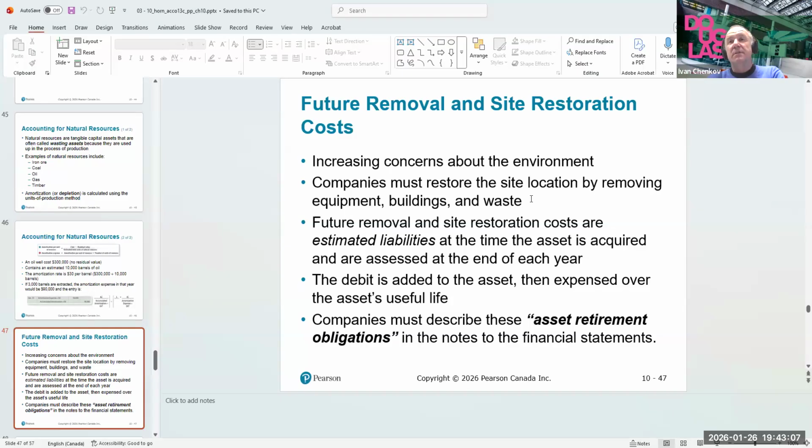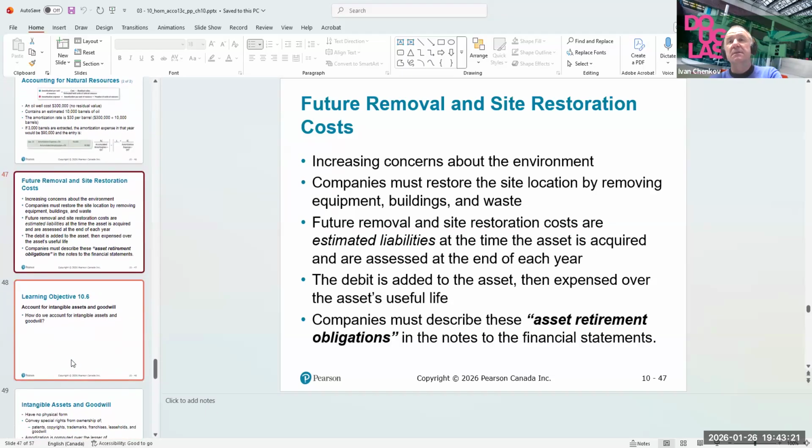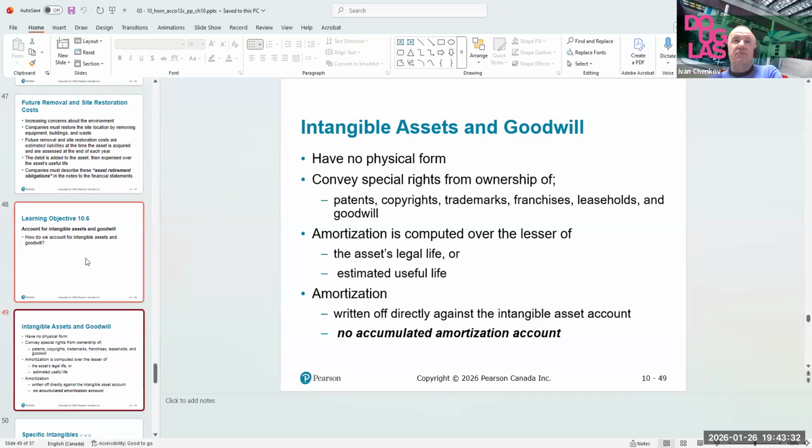They have to estimate that liability if they feel there is some liability coming. The company must describe this asset retirement obligation in the notes of the financial statements, so readers clearly understand how much obligation the company has to pay in the future.